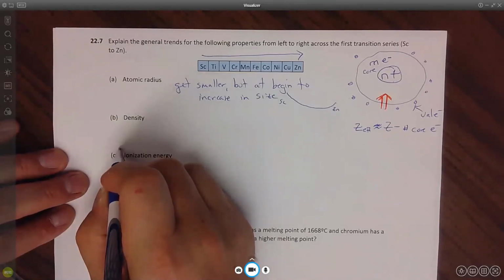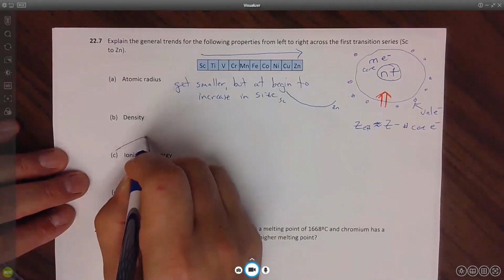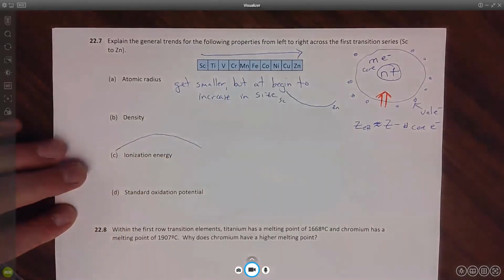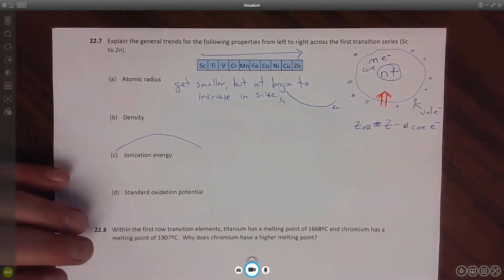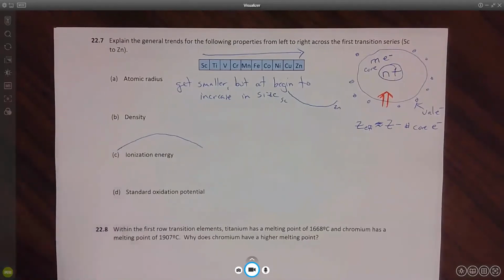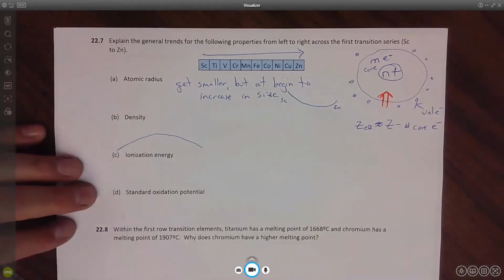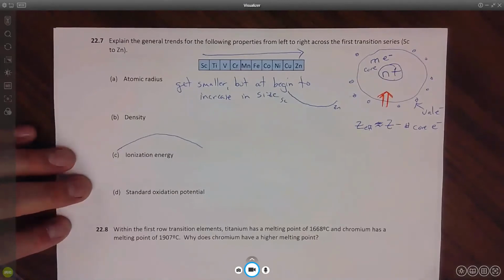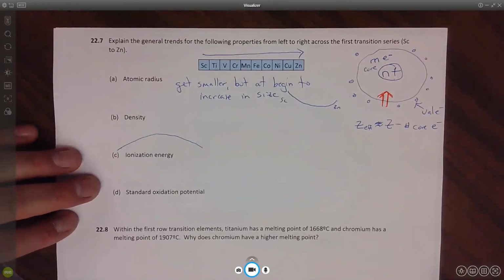Is that what you said? Yeah. Like this, right? So basically, yeah, it gets bigger and then it gets smaller. Can you tell me why? It has to do with their radius.